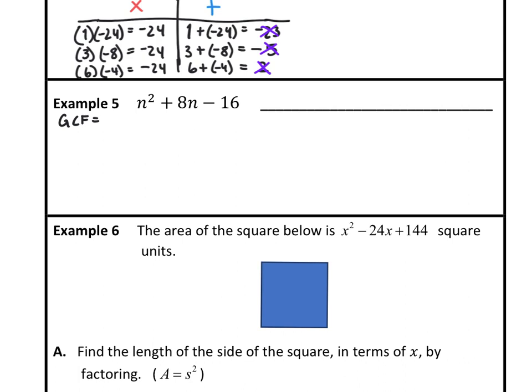No. Remember that there's a 1 in front of the n squared. So can I divide all of these by the same number, by a GCF number? Nope. So they have a GCF of 1, but it might be a special situation.